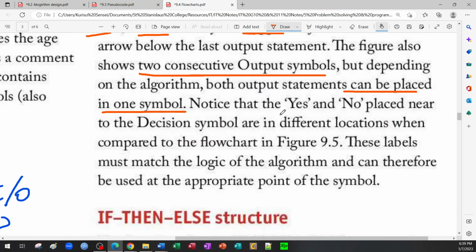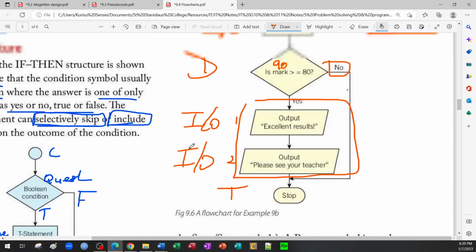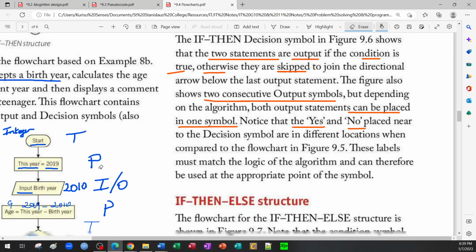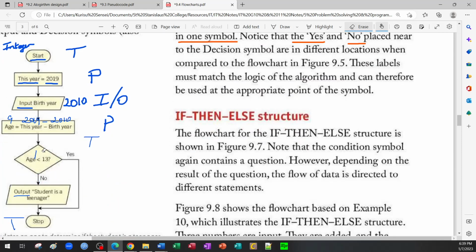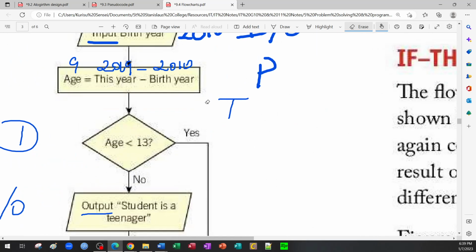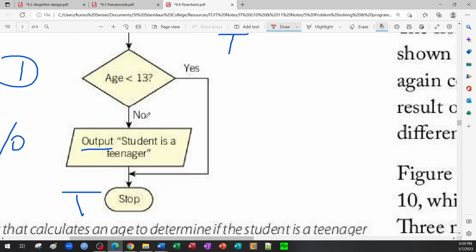Notice that the yes and no placed near the decision symbol are in different locations when compared to the flowchart. Look at this one here and this one over here. Notice it does not matter where you place the true and the false. This one has the yes on the right and no at the bottom.